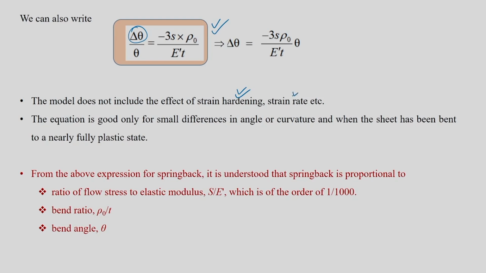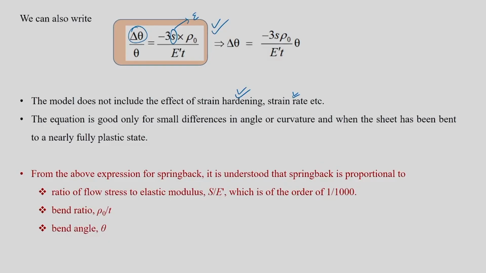And the strain rate effect is also not considered. One simple way is that this plane strain flow stress can be made a function of strain. So what we have done is basically we kept S as constant. In the previous model also, in the stress strain diagram you see that S was made constant, and the Bauschinger effect was also not considered, so there is no softening because of reverse bending.